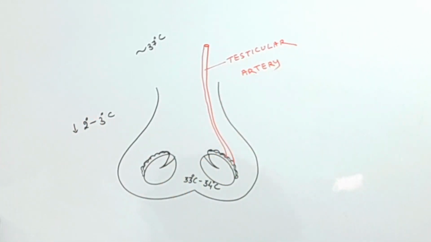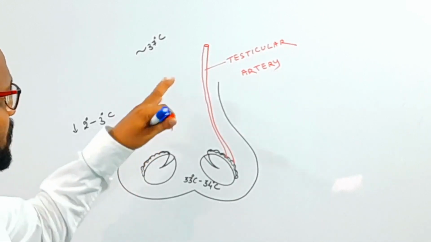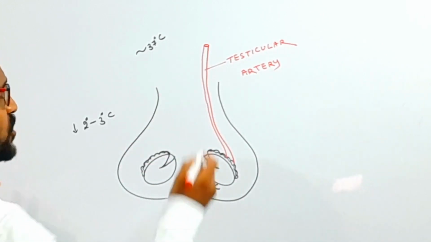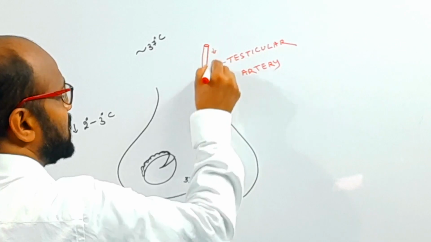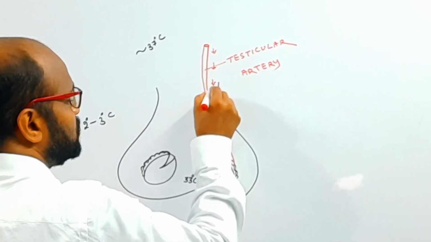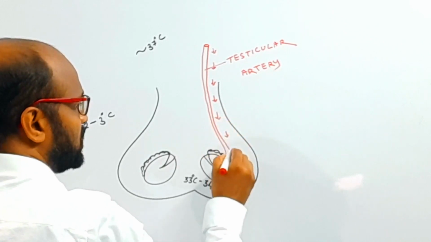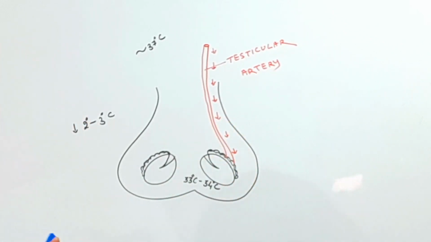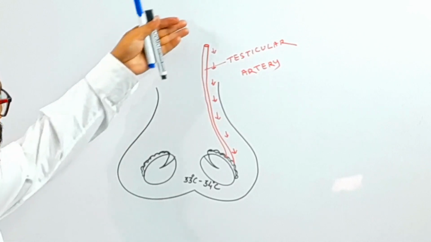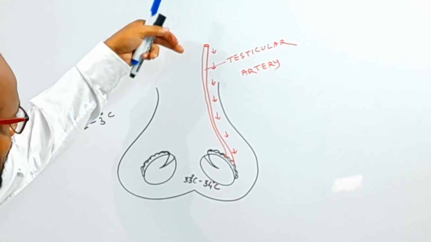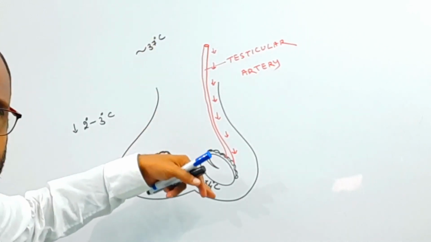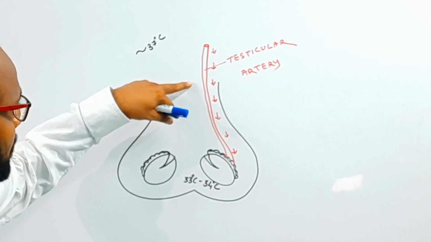The testis receives the blood supply from the testicular artery. The testicular artery carries blood from the body to the scrotum or the testis. This artery comes out from the body and immediately enters the scrotal sac through the inguinal canal.